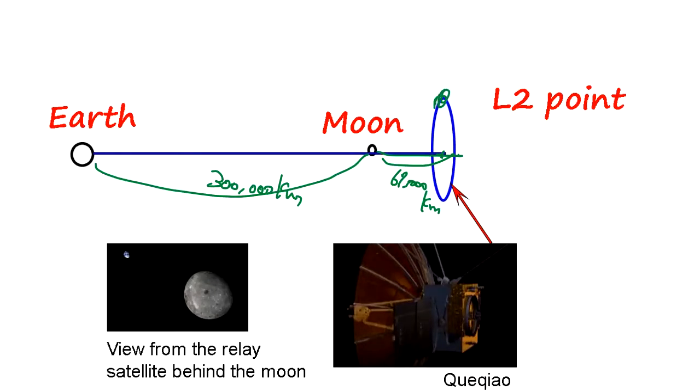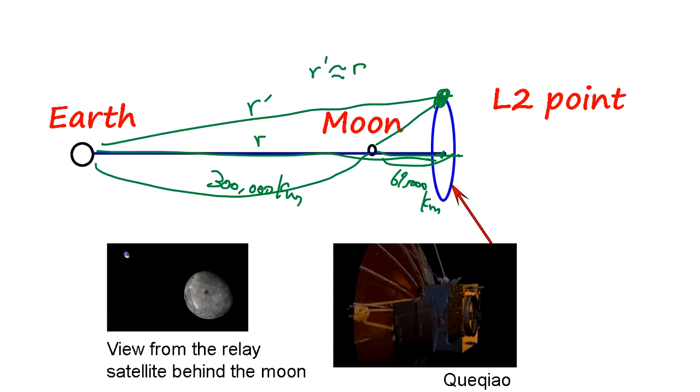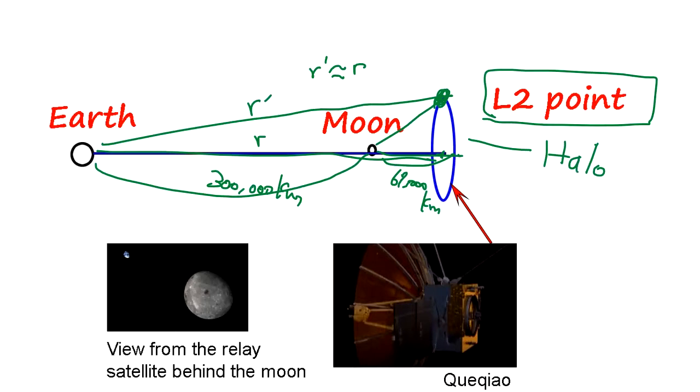So a stable point, if this distance is pretty much the same, this point is the same as the L2 point, a stable point. This is called a halo orbit. China placed the communication satellite here behind the moon.